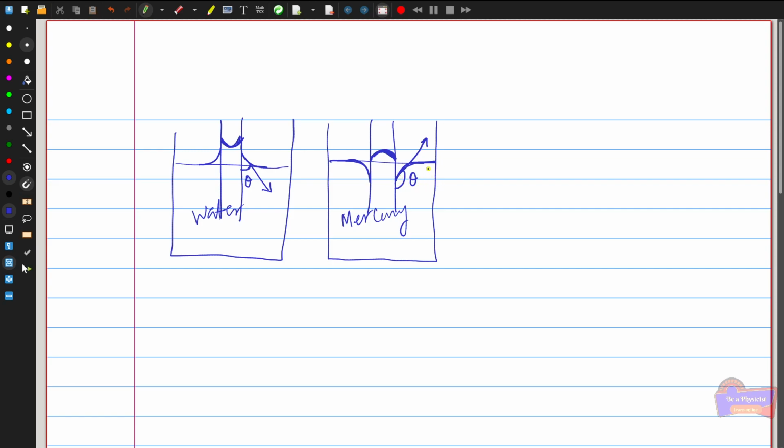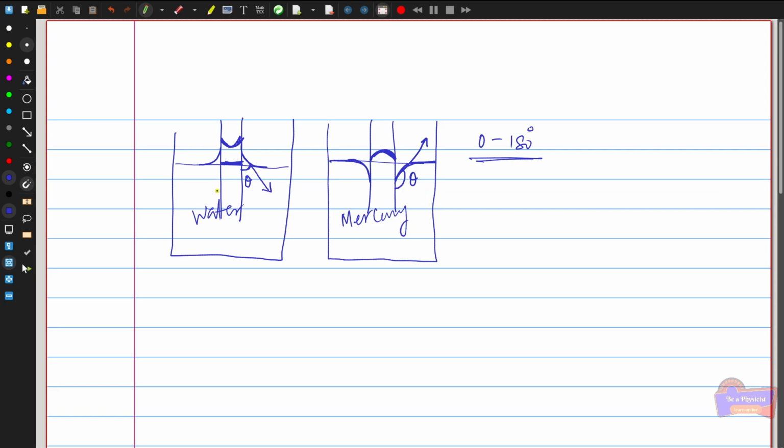This angle of contact varies from 0 to 180 degrees. For example, if you take pure water, it will not cling to the glass, so you can see a horizontal shape. That means in pure water, the angle of contact between the glass and water is 0, so it has a horizontal line.